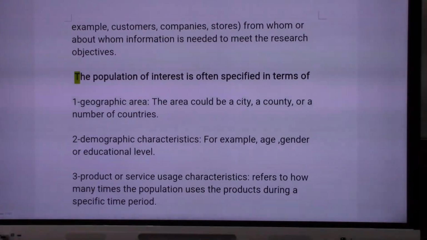For example, our population may be the people who purchased diet cans in the last 6 months. This is a type of product or service use categorization of our population.